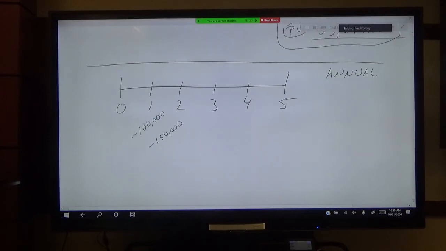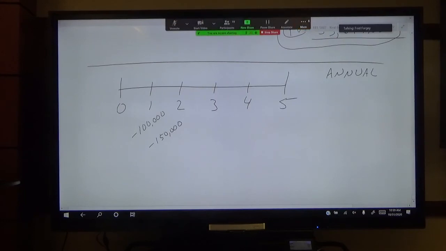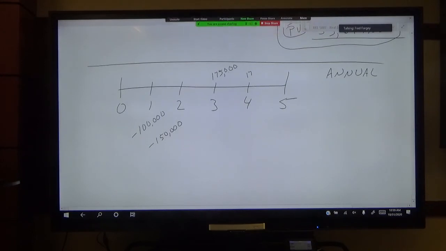In terms of income that we received, we got, let's say, 175, then 185, and 195. Okay, so all of those are different.